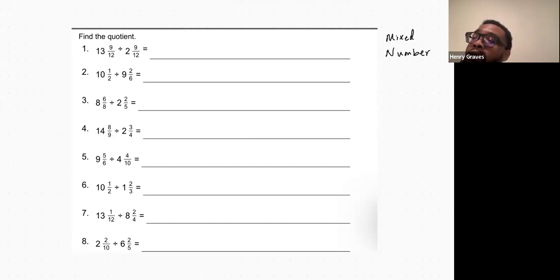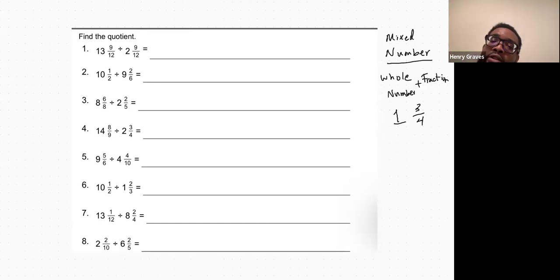Oops, wow. This is how you know I am not an English teacher. So if you have a number like 1 3/4, that's an example of a mixed number because it holds a whole number and a fraction.